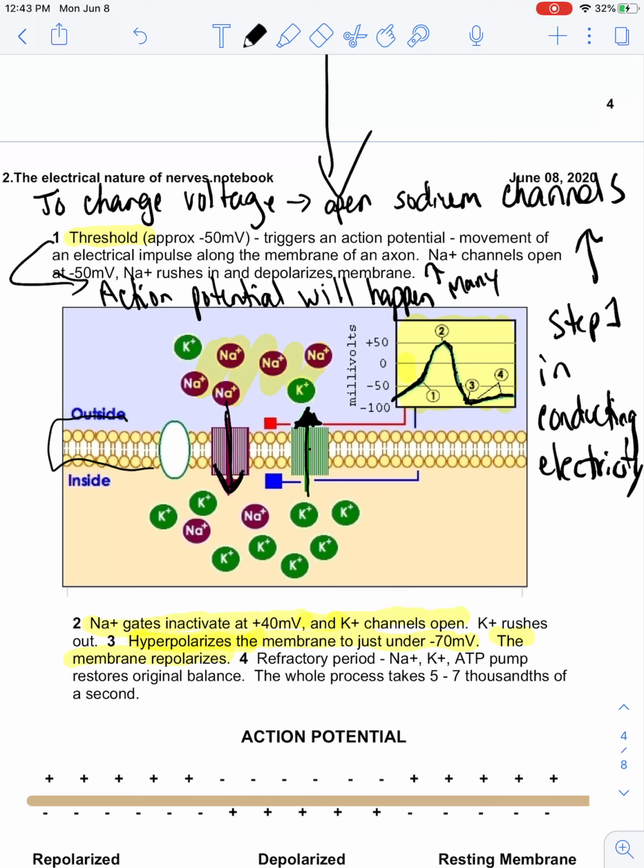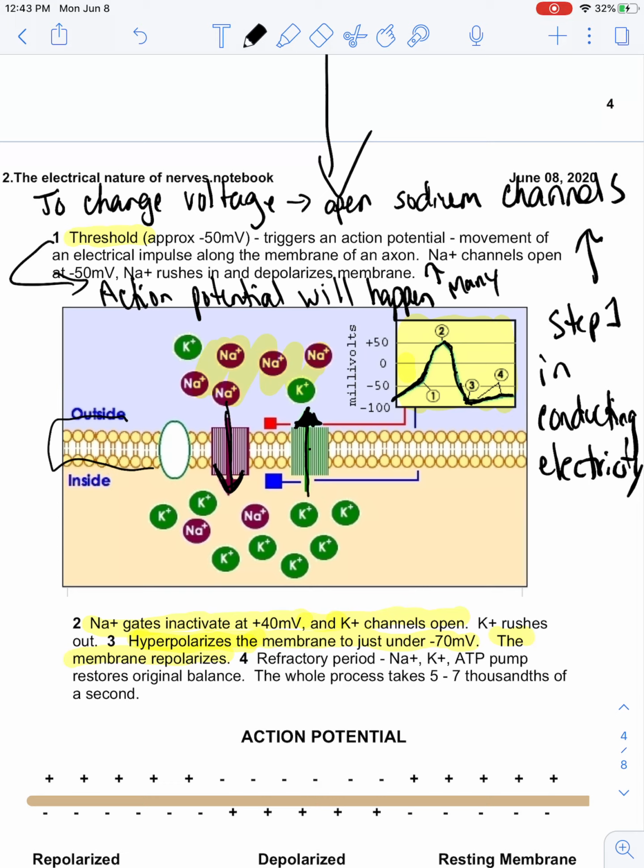So if you think, what has to happen during this refractory period? We need to get the sodium and the potassium back to the ratio it was before we conducted electricity through this part of the neuron. We need to get the sodium back out and the potassium back in, so the cell is sitting at negative 70 and the sodium's on the outside and the potassium's on the inside like we started.